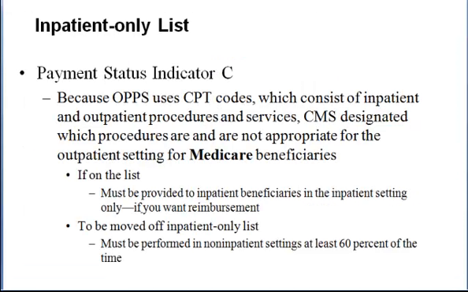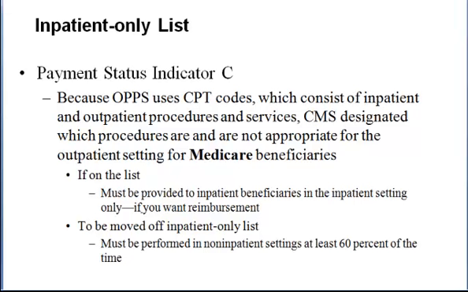Every year, the Secretary of the Health and Human Services does review claims data and determines which procedures are inpatient-only procedures and does create an inpatient-only list, which equals payment status indicator of C. To move off of the inpatient-only list, a procedure must be performed in outpatient settings at least 60% of the time.